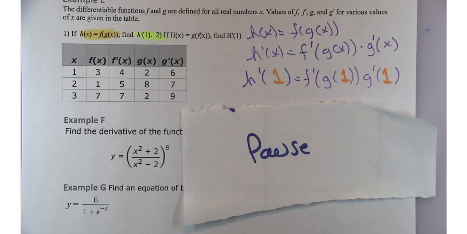It's just g prime of 1 is 6. So f prime of 2. F prime of 2 is 5. So that makes sense. It's 5 times 6, and that's g prime of 1. You get 6, right? Not 2. And then g of 1.